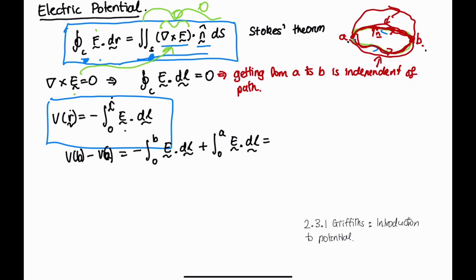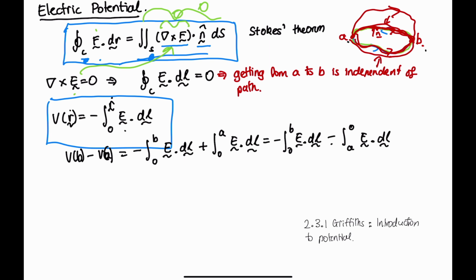Now, what we can do is keep this first one the same, and I'm going to switch the limits on the second one. So now we will go from A to 0. This is going in the opposite direction, so that's changed the sign of E dot dl.